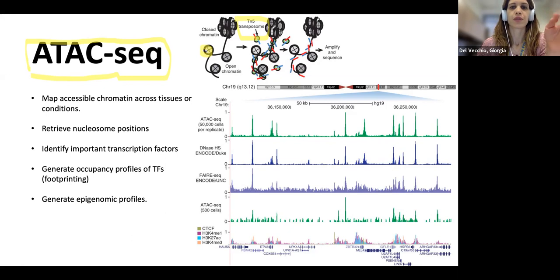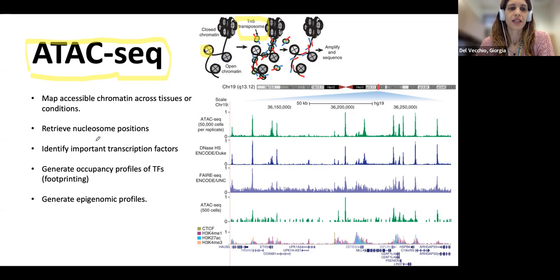So the Tn5 here is doing exactly the same. It's cutting the accessible chromatin and adding the adapters, blue and red here. The transposon can only cut the accessible chromatin.